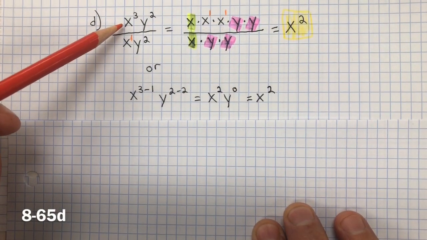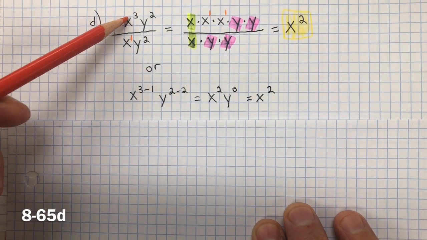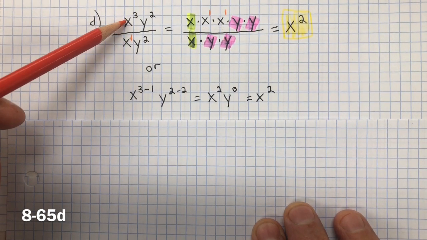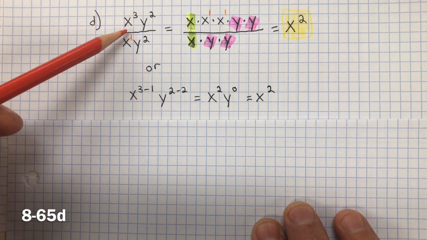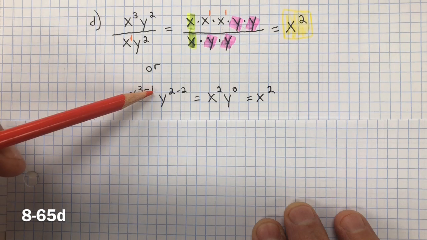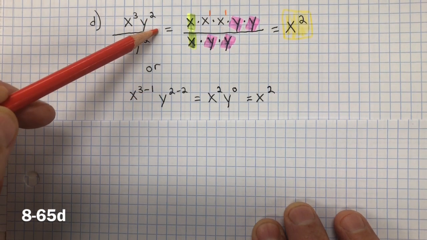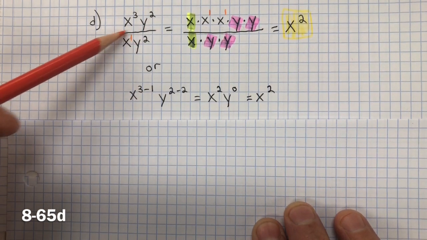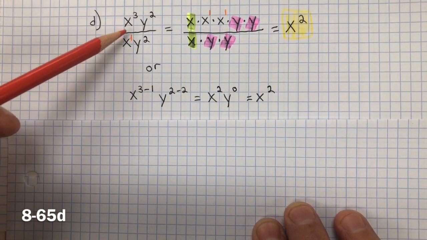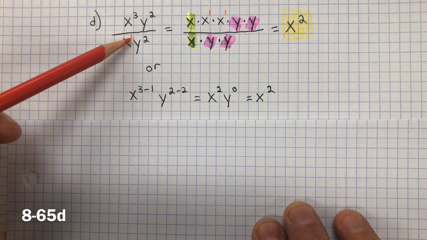I could have also just subtracted the exponents with the same base. X to the 3rd minus x to the 1st. I like to pretend this fraction bar is a subtraction sign to remind me that I'm subtracting the exponents.